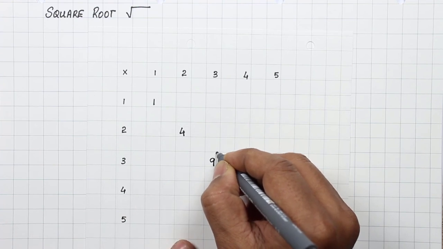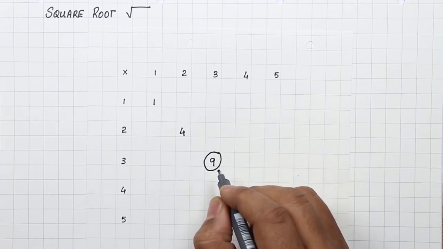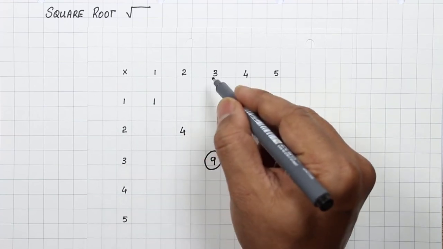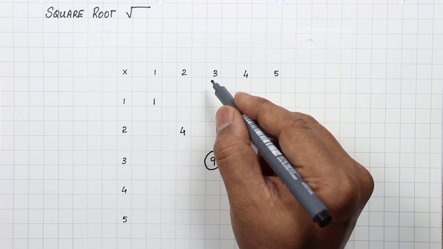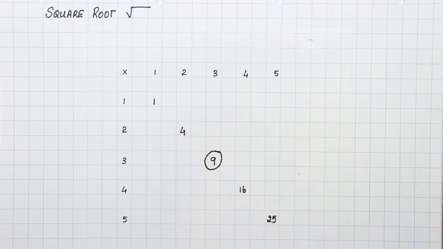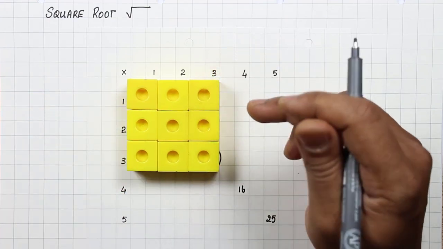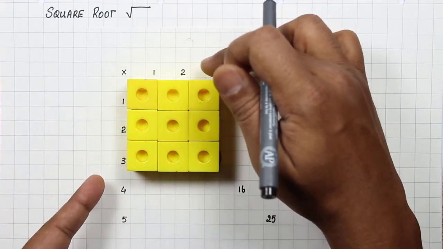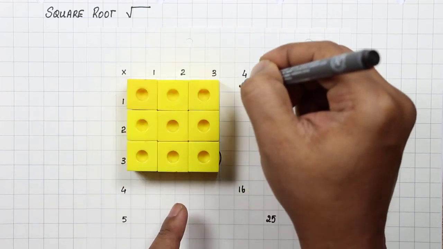If you look at 9, this is a product of two identical numbers. Geometrically, this represents a square of area 9 units square with side lengths of 3 units each. So you can see the side lengths of this square is 3 units each.